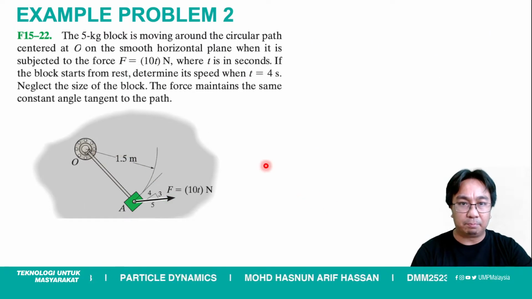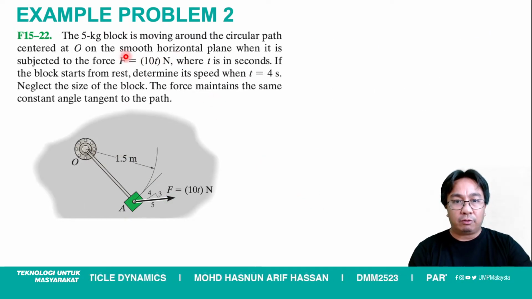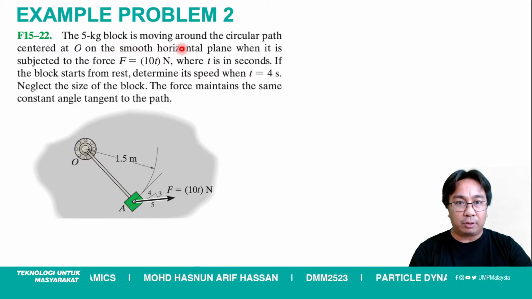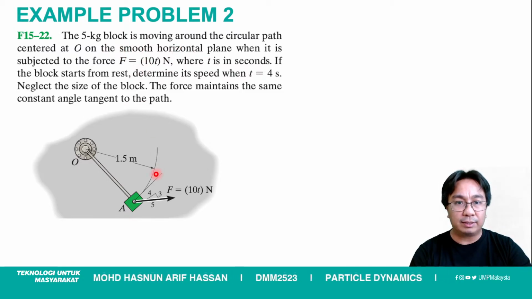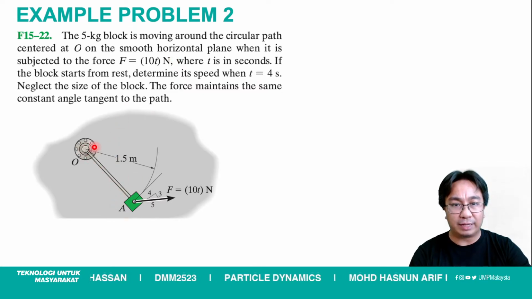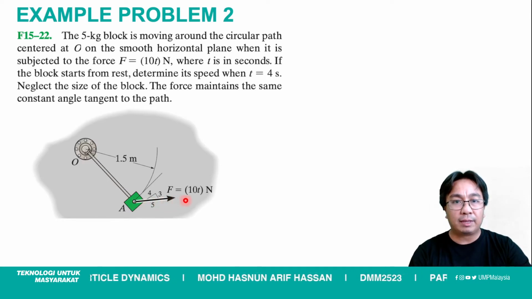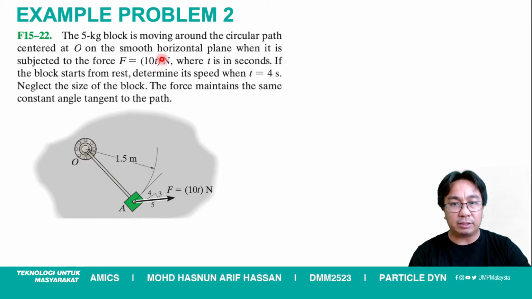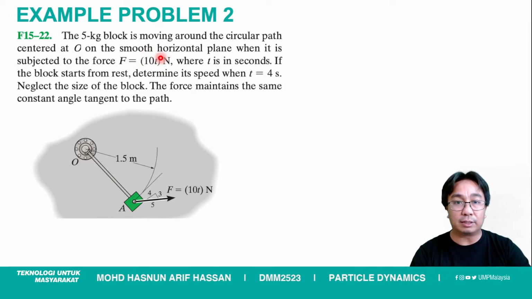Let's look at example number 2. The 5 kg block, the same block, is now moving around point O as well, but the force applied is in this direction, and it changes over time. It is no longer a constant force. It's 10 times t, where t is in seconds.